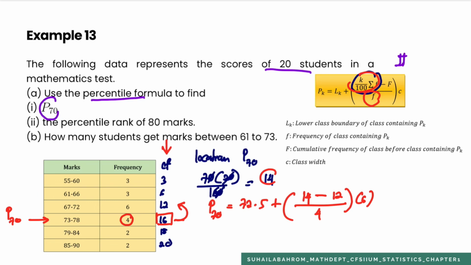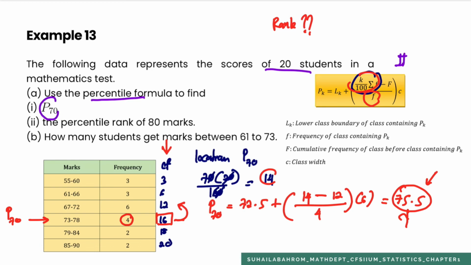At the end, you will get the answer: the percentile rank of 70 refers to the data value of 75.5. Please do not round off this value, because this is the value of the data, not the rank. You only round off if the question asks for the value of the ranking.